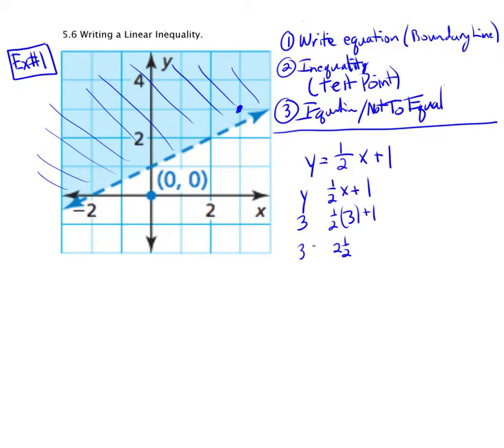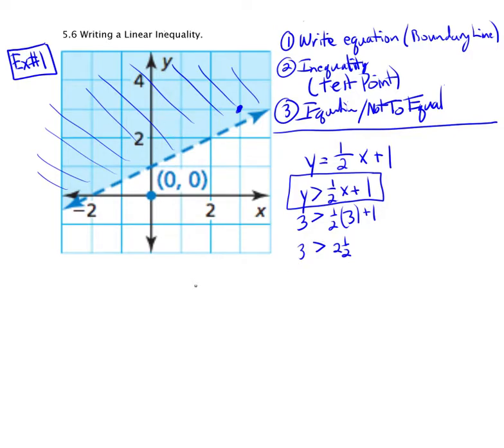I know that 3 is greater than 2.5, so I'll put a greater than sign, and I just keep bringing it up because that will be true for all of these, since that's on the true side. So now our last one is, is it equal or not equal? This boundary line is a dashed line, so we don't include the equal sign. And this is our inequality for this linear inequality.